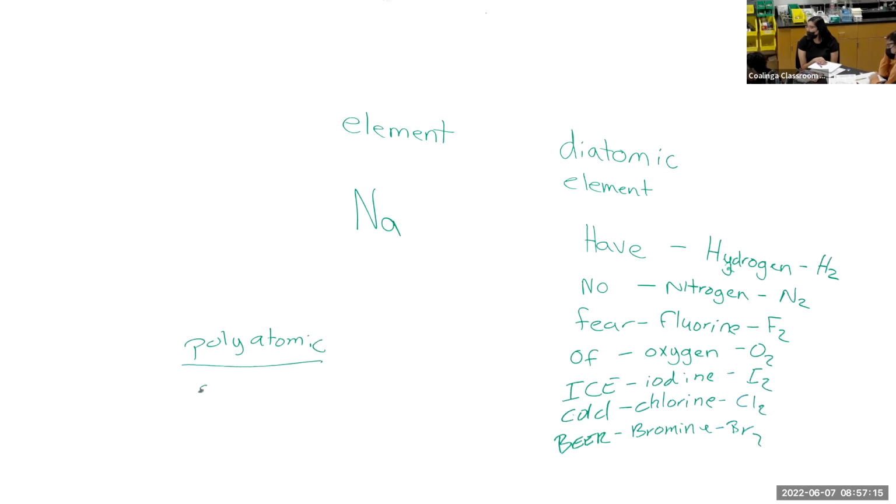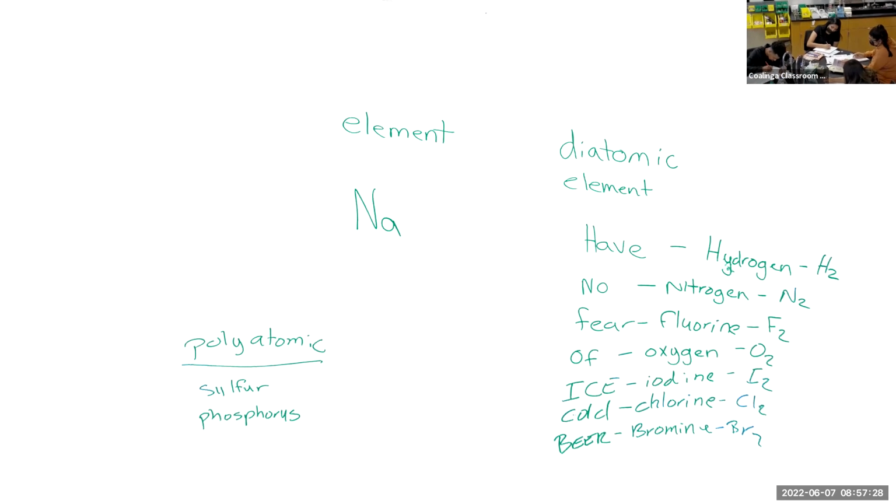That's going to be sulfur and phosphorus. These are both going to be examples of polyatomic.